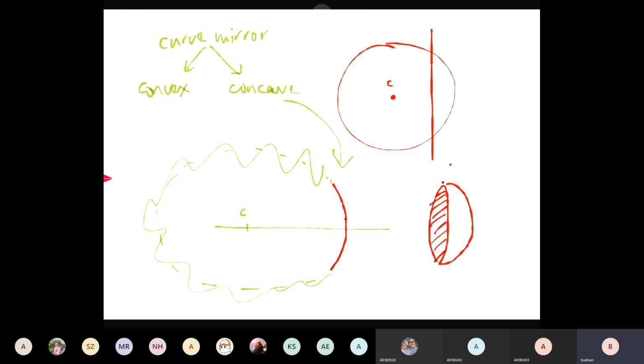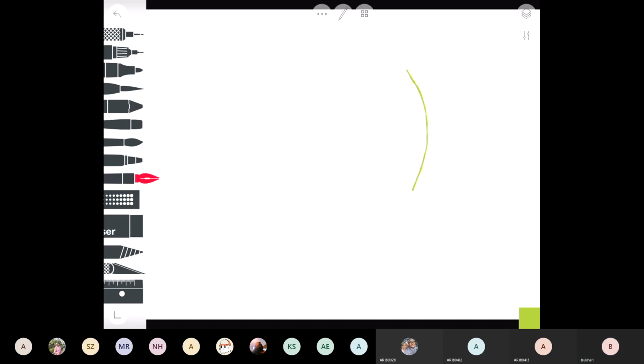Now let's say that we have a curved mirror, and this is the line here to show you, okay, this part only touches at one point. Okay, this line is actually a reference for us. I'm going to explain it to you why we need to draw the line. But you know that this is the curved mirror or the concave mirror to be exact.